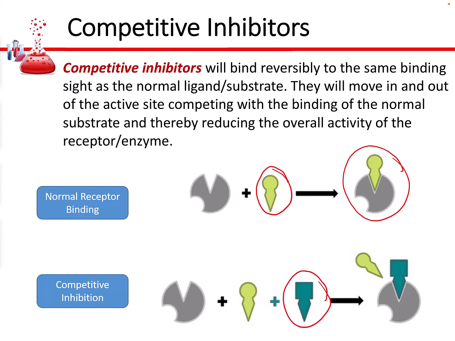It can also fit into and bind to the active site of our enzyme, and now it's directly blocking the activity of the normal ligand because it's competing for the binding site, right? So this is competitive inhibition. It is directly competing for the same binding site as the normal ligand.